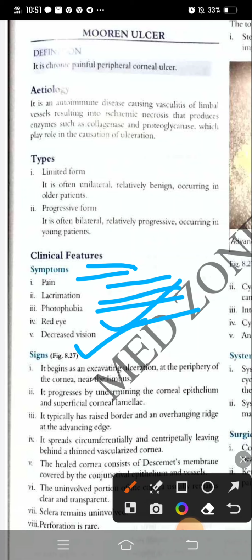Signs are the features that are seen by the doctor in the patient. Whenever a patient comes to you, you will see excavating ulceration at the periphery of the cornea. I explained before, there is destruction of corneal epithelium and superficial corneal stroma.